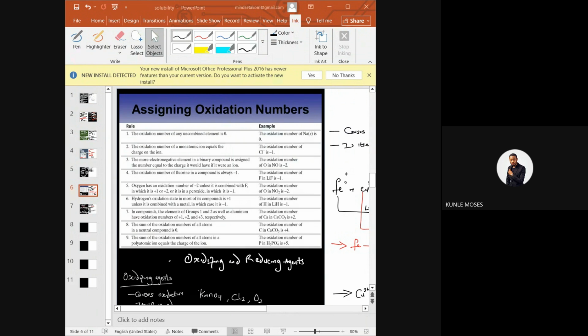The sum of the oxidation numbers of all the atoms in this compound is equal to -1, because it is carrying a charge of -1. So making P the subject of the formula, with some hydrogen and oxygen.